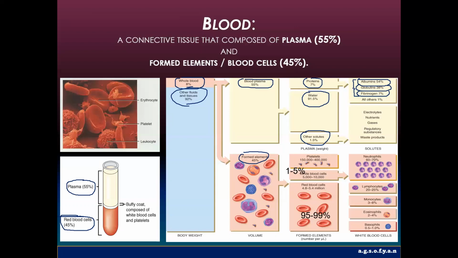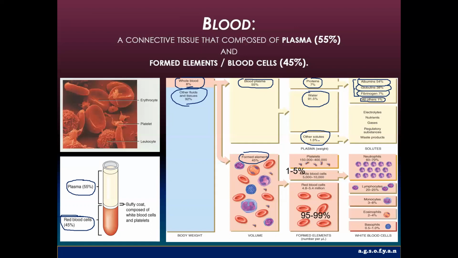Globulin is mostly used for protection against disease. And fibrinogen is mostly used for protection against loss of blood, for blood clotting. And there are some other smaller parts of other proteins.